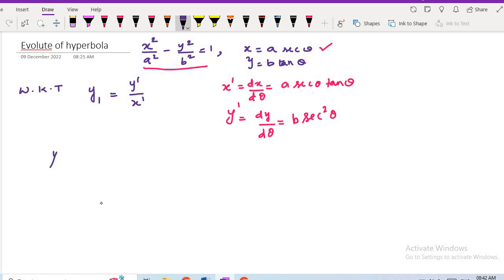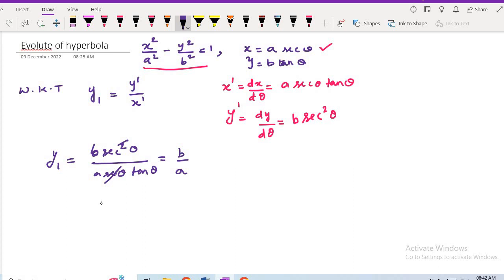So y1 is equal to y dash value, which is b secant square theta, divided by the x dash value, which is a secant theta tan theta. So here one secant theta cancels. The rest of the term is b divided by a into secant theta.